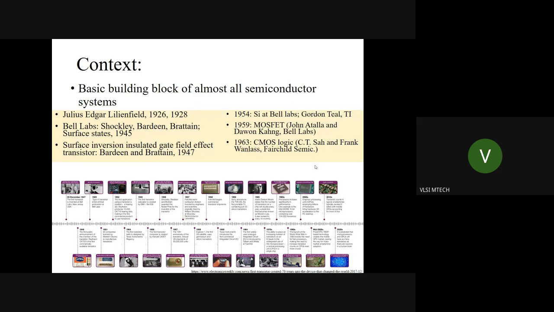Bell Labs' work was slightly different and more improved. It was slightly derived from Lilienfeld's work, and they were working on these devices using germanium primarily at that time.